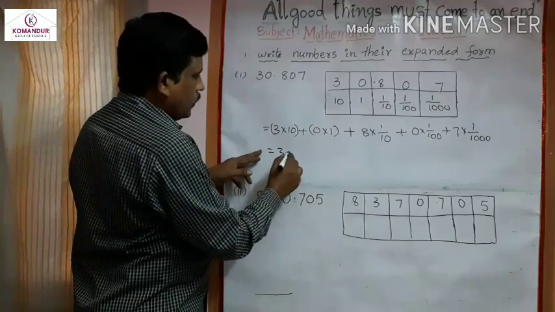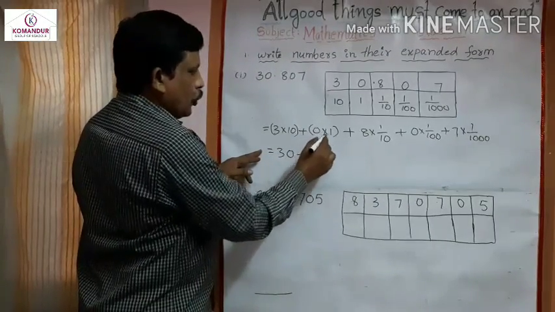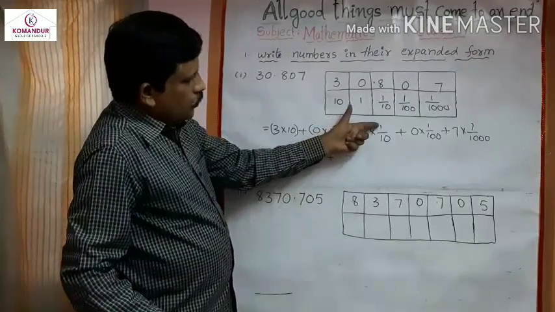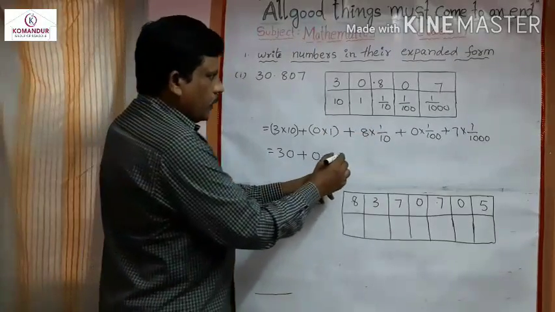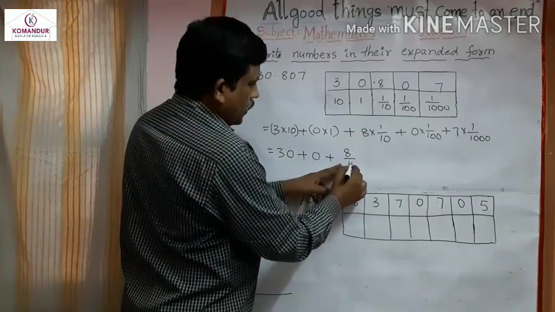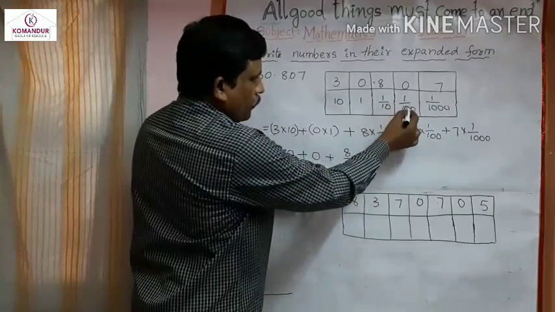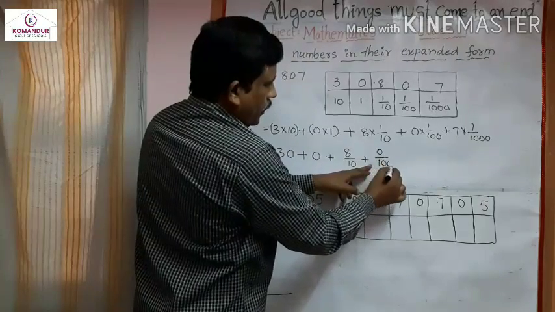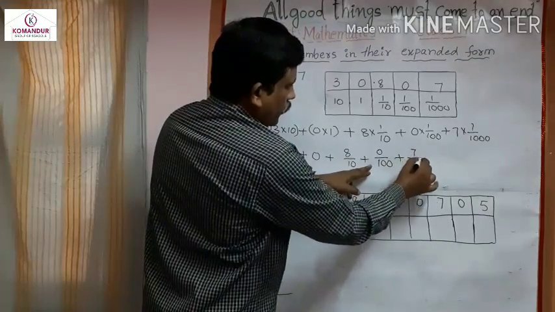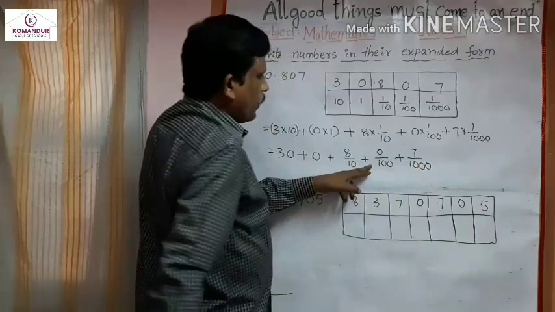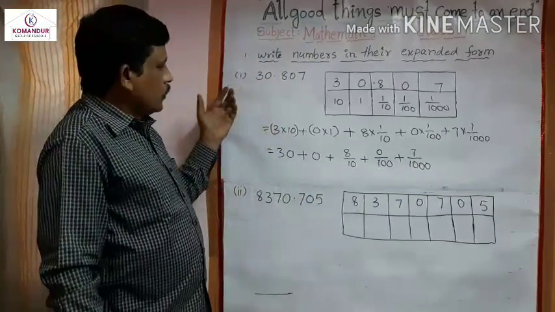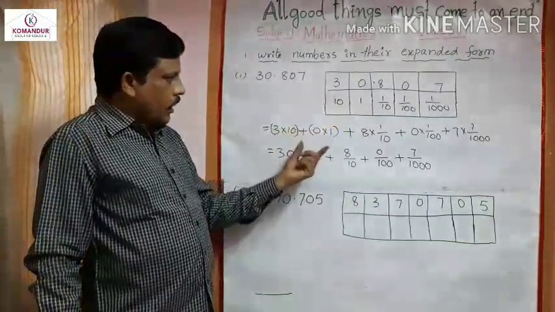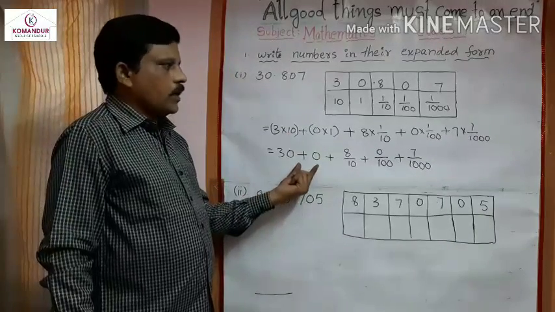Write 30 plus 0 into 1, that is 0, plus 8 into 1, that is 8 by 10, plus 0 by 100, plus 7 by 1000. That is the expanded form. From this step onwards, we can use the tabular method, or directly write the first step and then the second step.